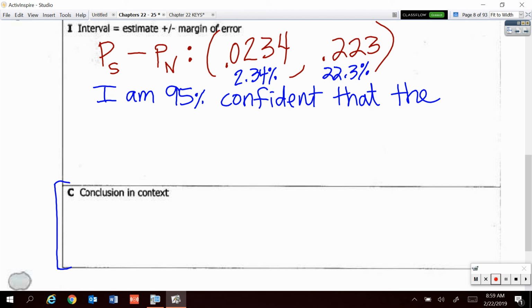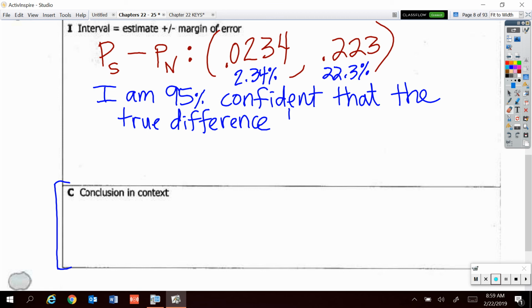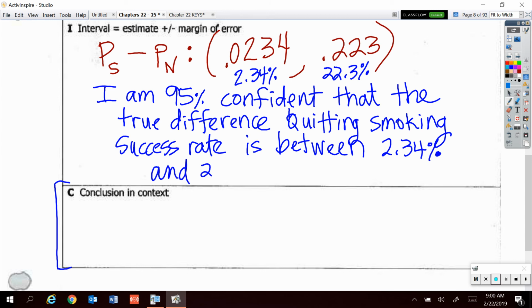So I'm 95% confident that the true difference in the quitting smoking success rate is between 2.34% and 22.36%.